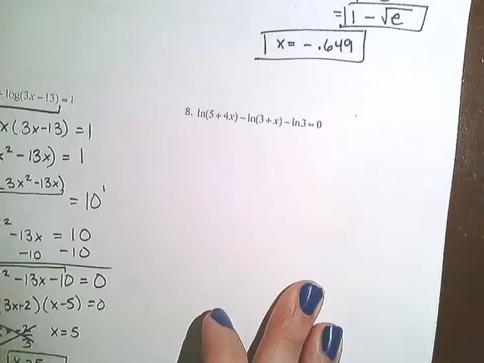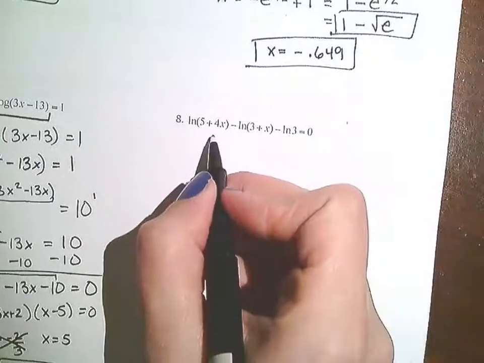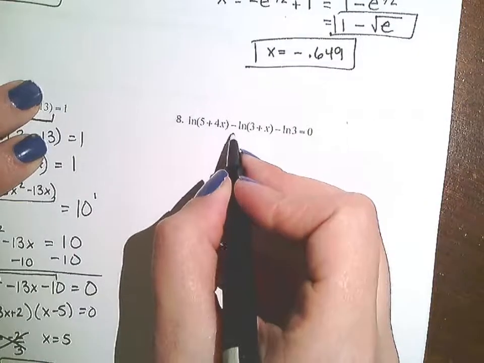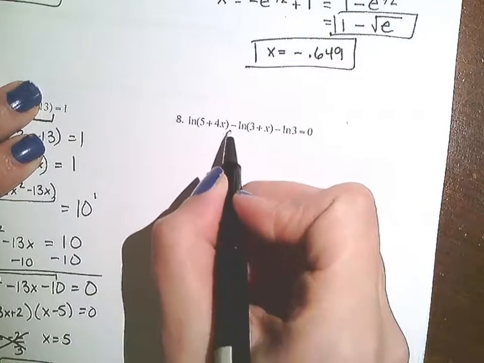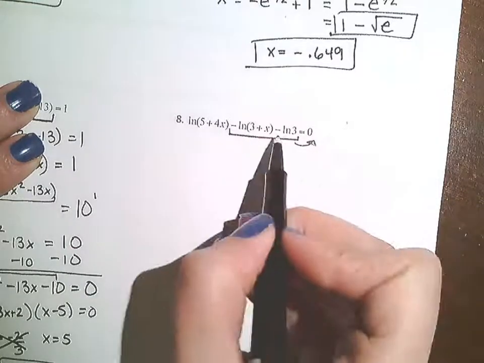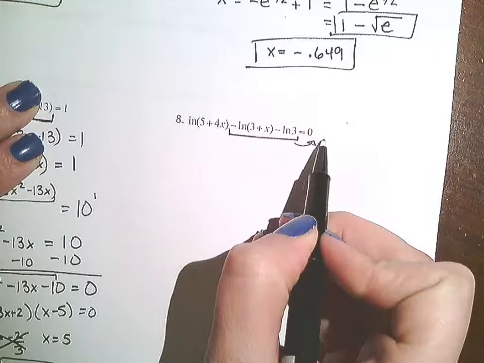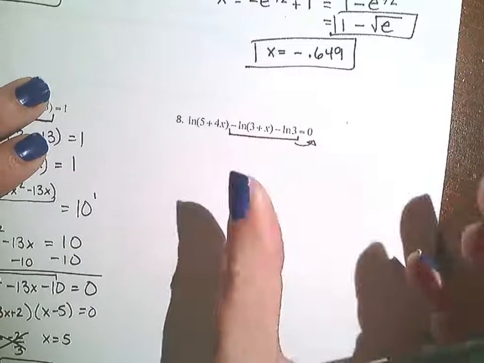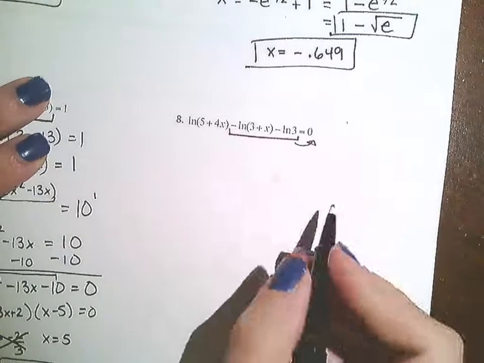All right, this last problem, basically what I'm going to do is I want to move these two to this side of the equation. The reason why is once I move them, both of them become pluses, and I'm able to combine them using the power property.